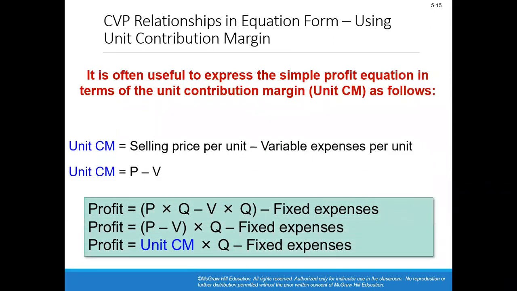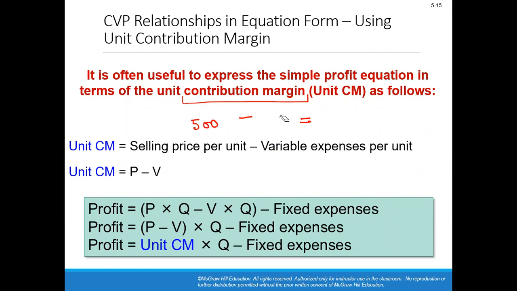So what can we do? We can express this in terms of per unit rather than the total value. So the things are the same, but we are expressing the contribution margin now not in total, but on a per unit basis. So if we have the selling price per unit 500, variable expense 250, in that case, we see the contribution margin.